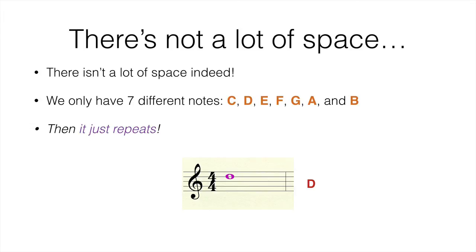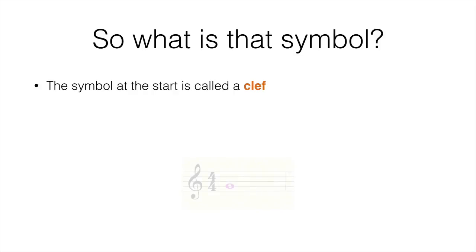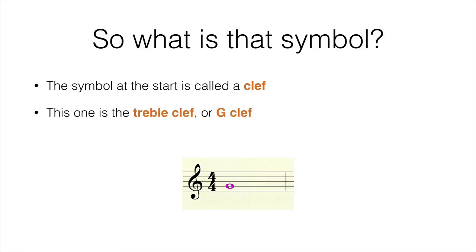So only 7 notes. So what is the symbol that we have at the very beginning? Well, that symbol is called the clef. The symbol at the very beginning, not the one in purple, that's the note G, but the actual symbol at the very beginning, is called the clef. And this one is the treble clef, or G clef.